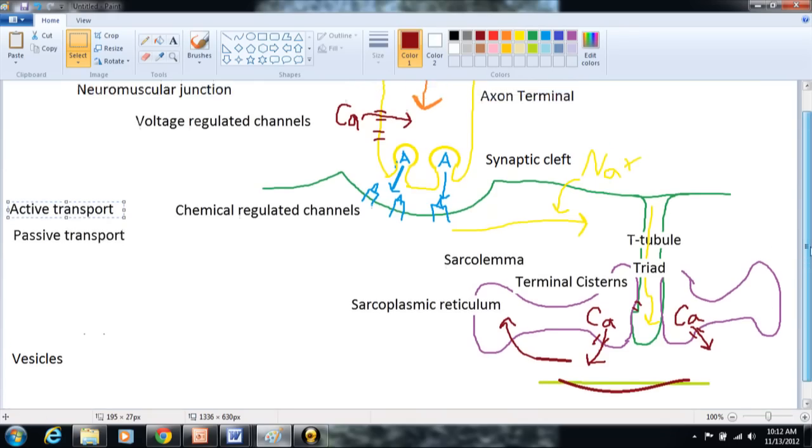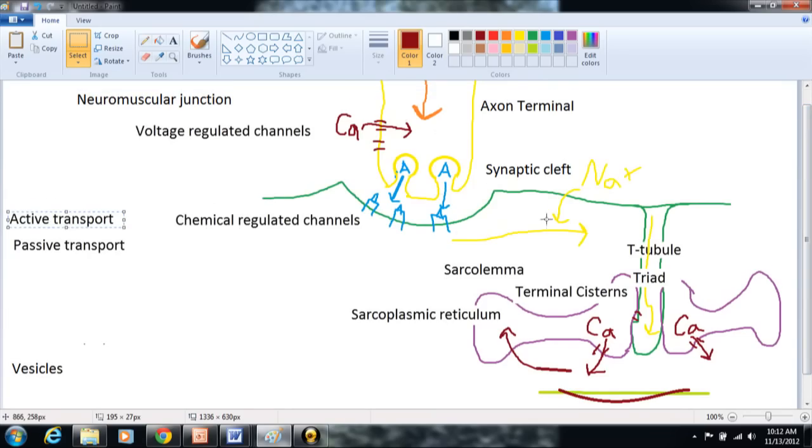Okay, so that is almost the whole story. One other thing, to get this signal to stop, acetylcholine will stay bound to its receptor, and that signal will continue to go as long as it's bound there. So, in order to get it to come out, there's an enzyme called acetylcholine esterase.